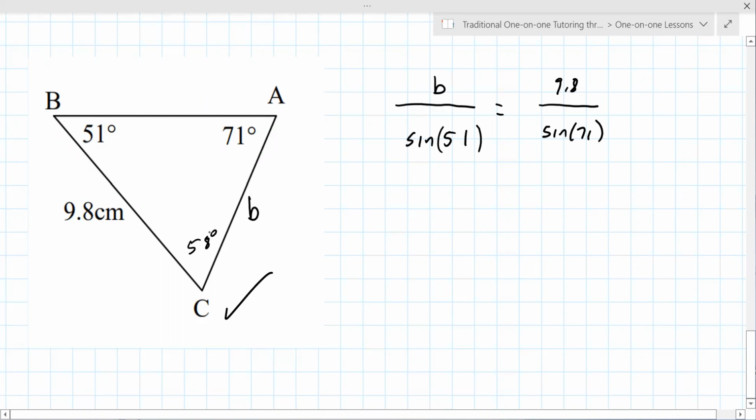Okay, so now that you have big C, what can you do to find little c? The same thing you did with little b. It would be little c over sine 58 equals 9.8 over sine 71. Very good. This is exactly how I used to study in college with classmates for tests.